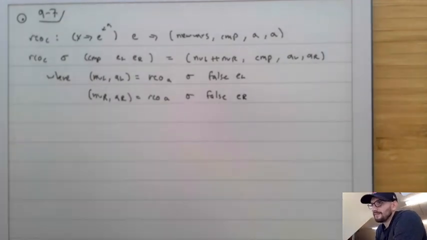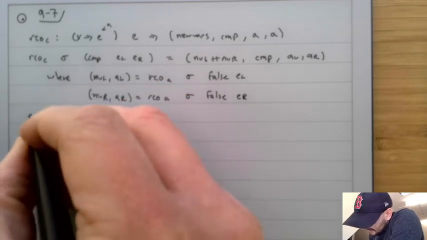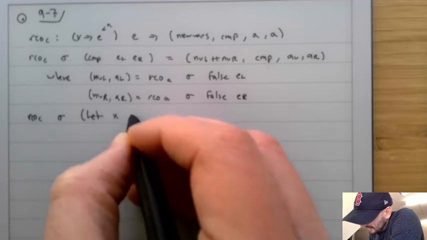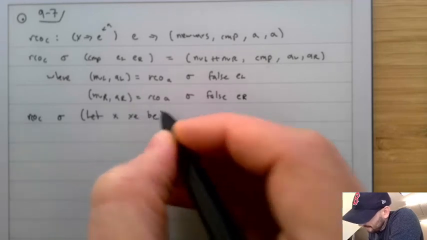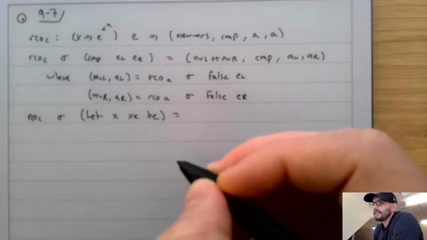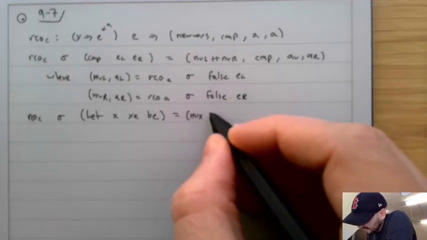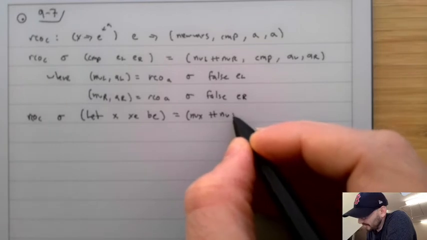Okay, it could be a let. If it's a let, then that means that we have a let of an x, an xe, and a be. In this case, we're going to return the new variables for the x plus the new variables for the body.